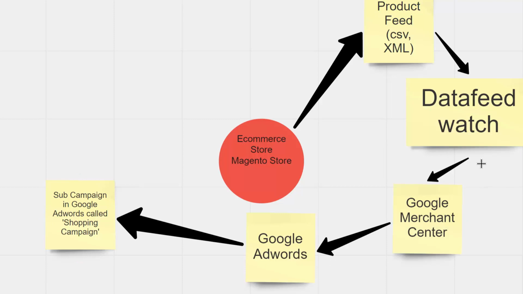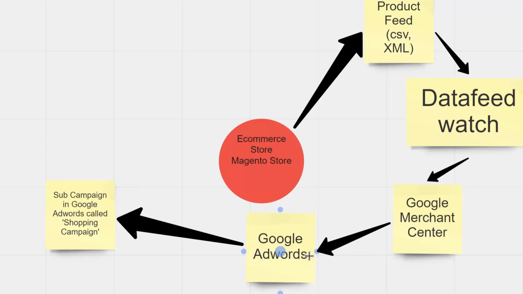The only downside is you're putting an extra step into your process. The Magento store will probably update the product feed once or twice a day, then this will update once or twice a day, and then this will update once a day, so there could be a lag.